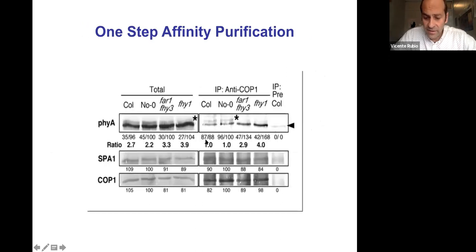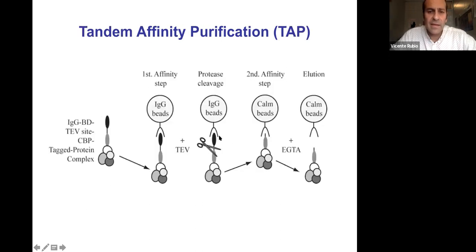And then there is a second affinity step, in this case using calmodulin beads. You can elute your proteins using EDTA or EGTA, because this interaction requires cations. So after elution, you can analyze the composition of those protein complexes by mass spectrometry.